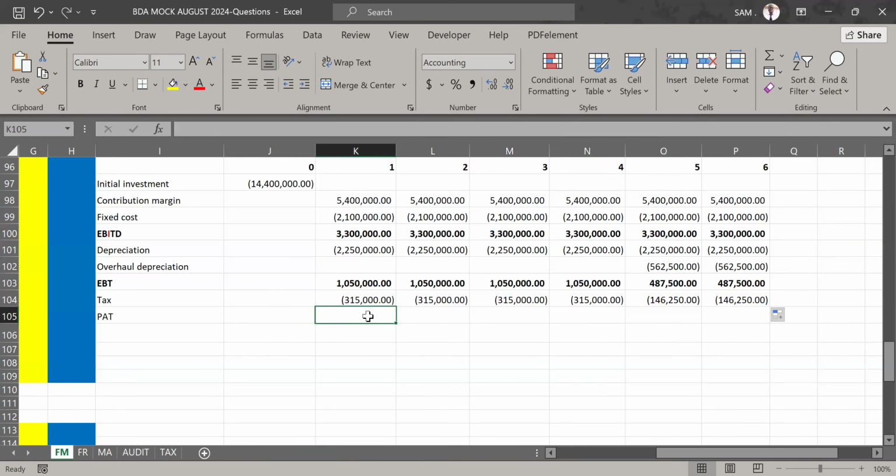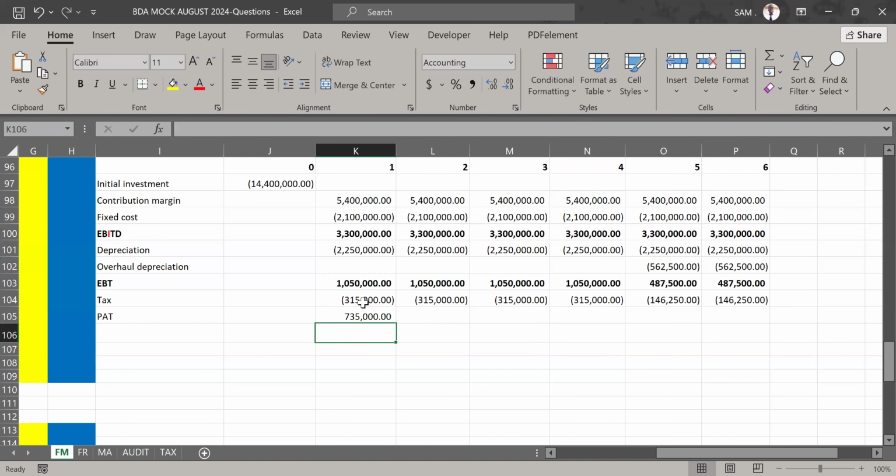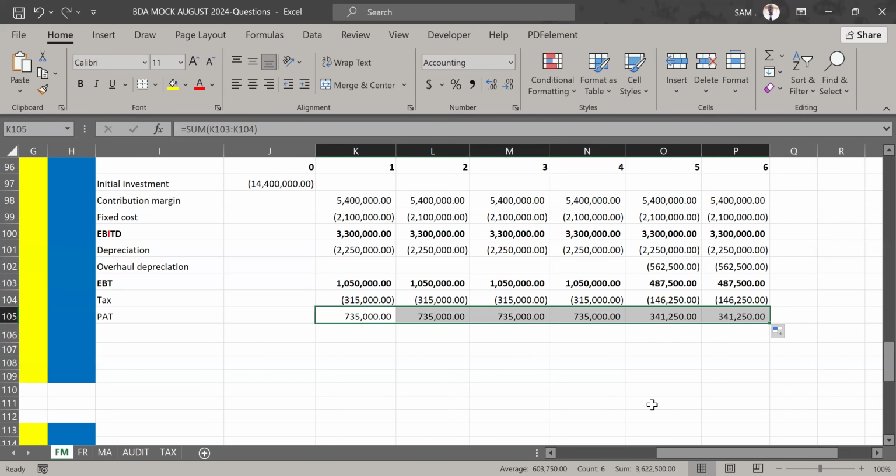Okay. So to get profit after tax, we just get the net effect. We deduct our taxes there. Then we have our profit after tax to year number 6, like that. Now, these are our figures of profit after tax. We go ahead because we deducted depreciation before we charge tax because it is allowable, right?